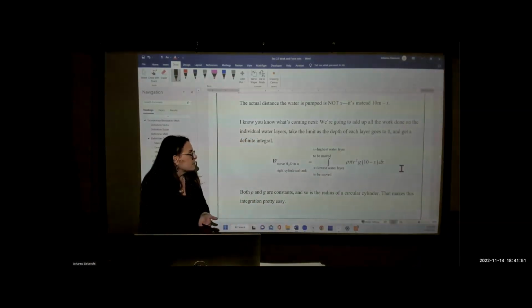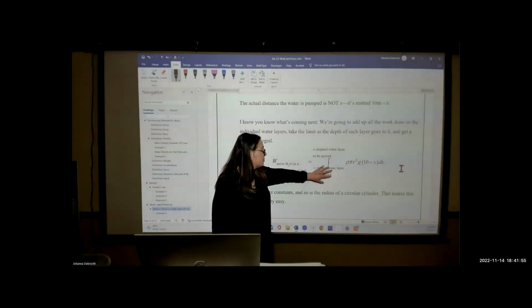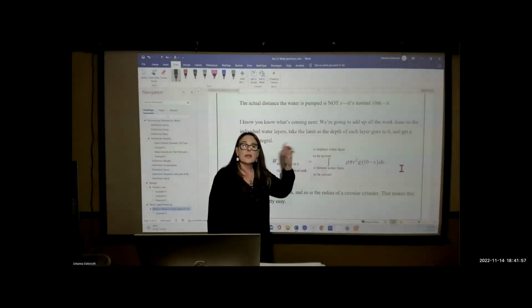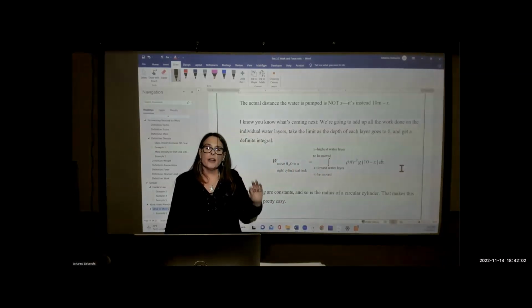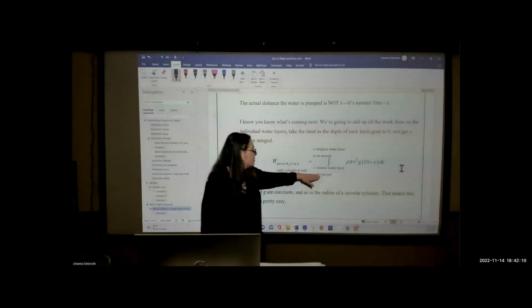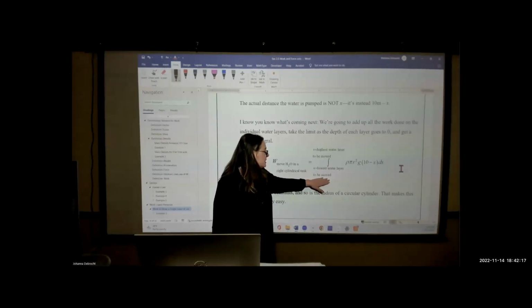Now, we're going to set up the integral, and you'll see that instead of putting in limits of integration, I've put in two phrases. You cannot move water you do not have. If the water in the tank only goes up to 6 meters, then you cannot move water beyond 6 meters. So this is going to be the lowest layer of water, the height of the lowest layer of water you're going to move out of the tank.